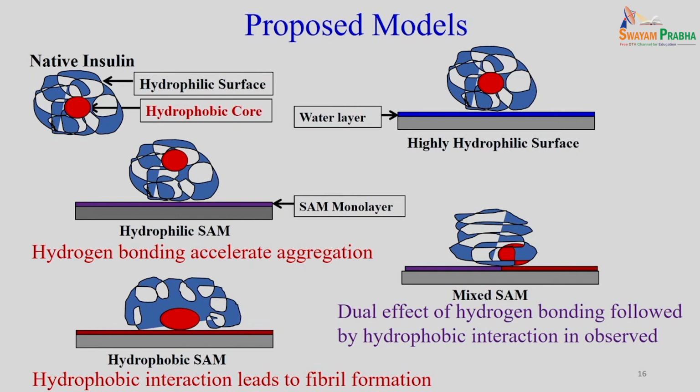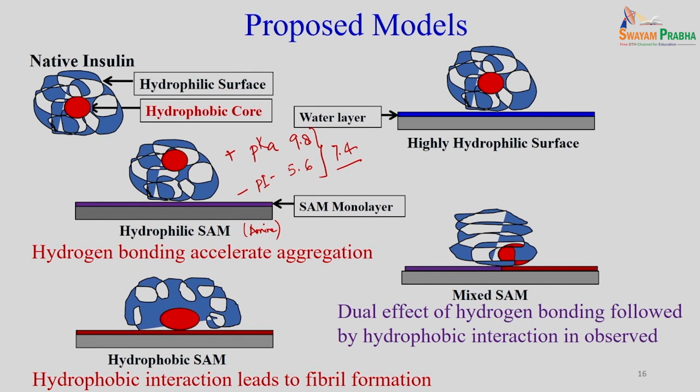Now, let us consider the hydrophilic amine surface. So, the pKa of the amine group is 9.8 and the pI of insulin is 5.6. So, if you are performing the experiment at pH 7.4, it means the amine will have a positive charge and insulin will have a negative charge, because at pH above the pI it will have a negative charge, and at pH below the pKa it will have a positive charge.